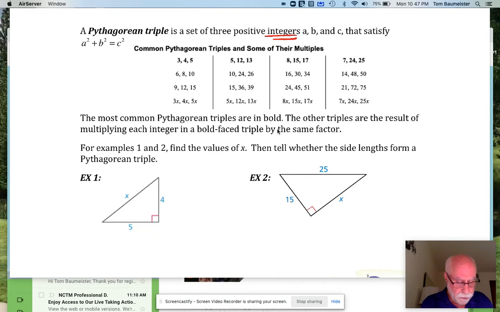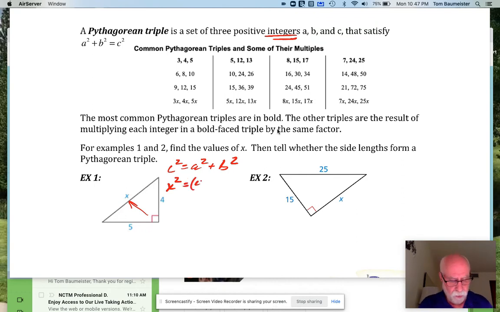So, x in example 1, again, that is going to be your hypotenuse. So if we're going to use our formula, c squared is equal to a squared plus b squared, in this case our c is going to be x, so it's going to be x squared is equal to, and then on the legs, it doesn't matter which one you use.